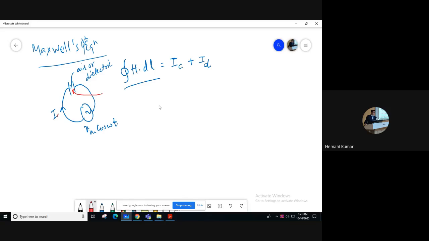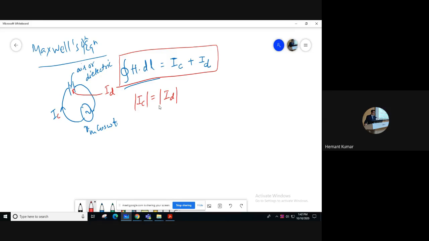This current is IC, this current is ID. The magnitude of IC will always be equal to ID. In the dielectric, IC will be 0 and ID will be non-zero. In the conductor, IC will be non-zero, ID will be 0. So this is the Maxwell fourth equation.